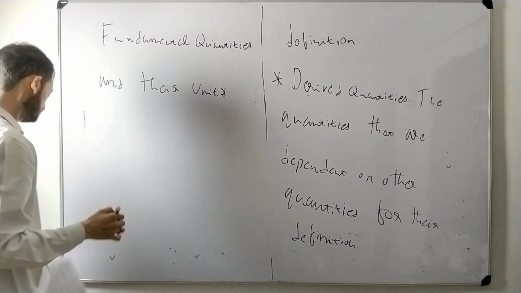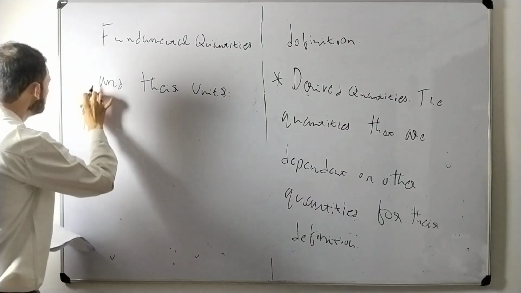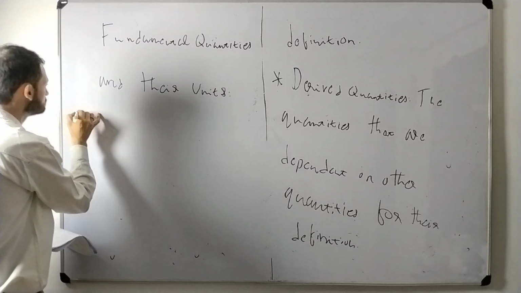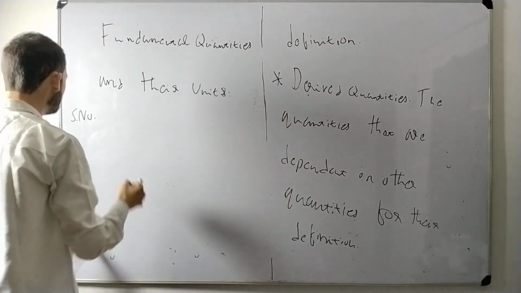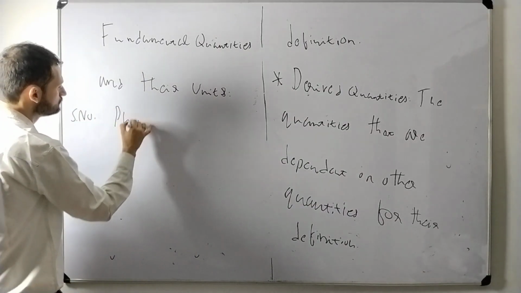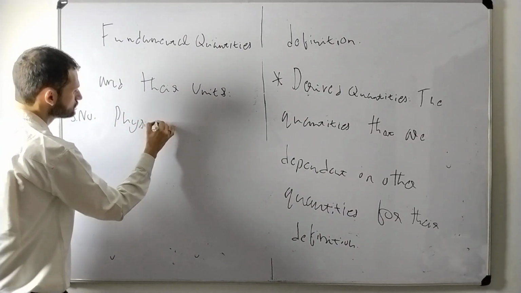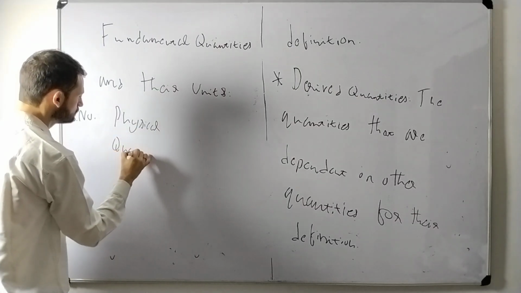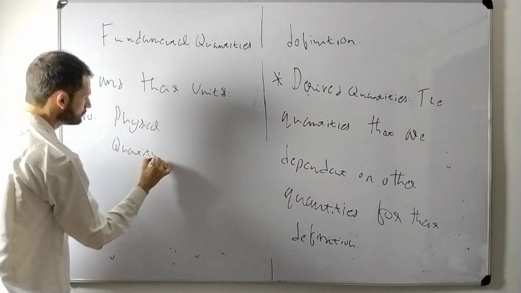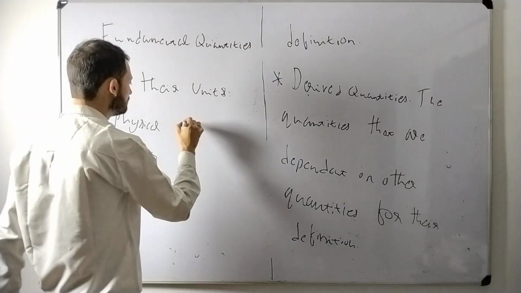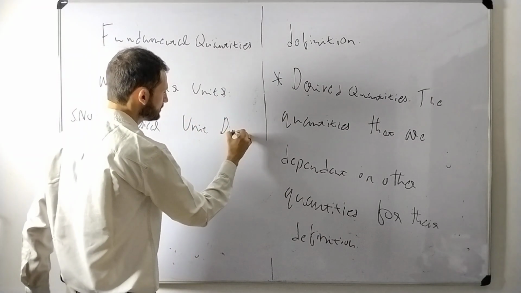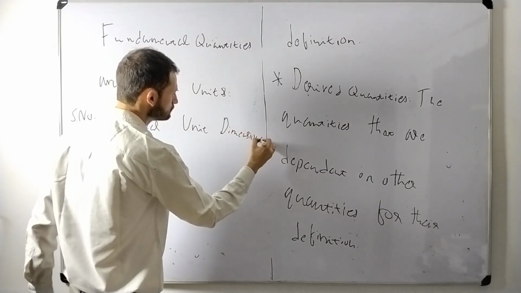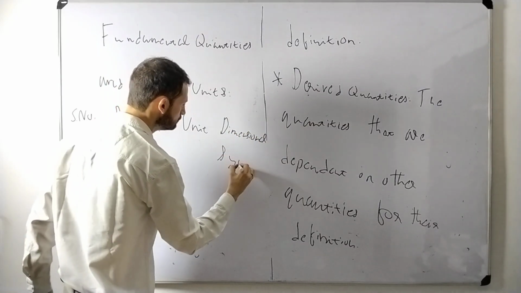First, let me write here: serial number, physical quantity, unit, dimensional symbol. Yes, this will do.